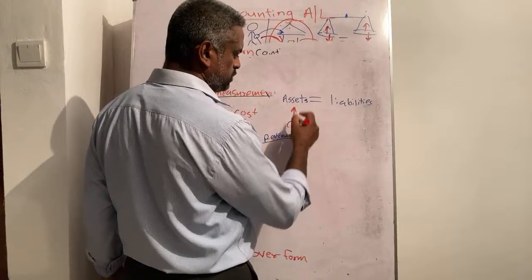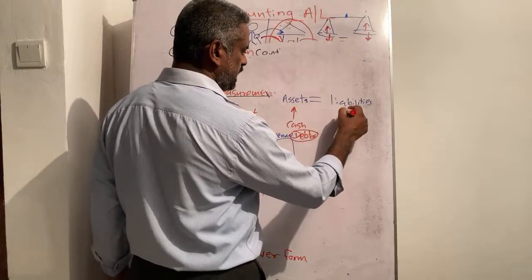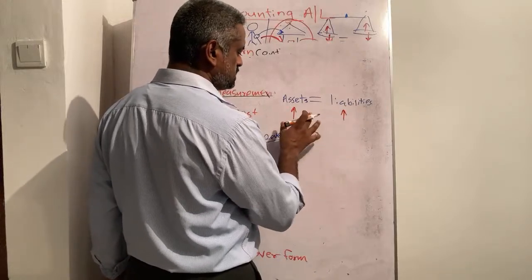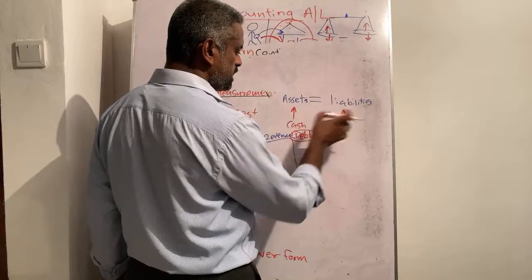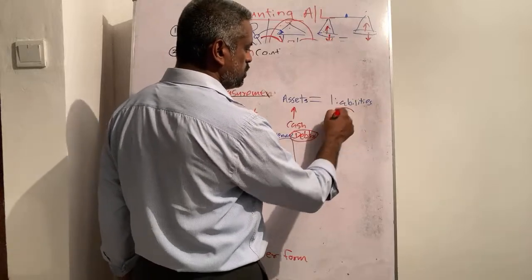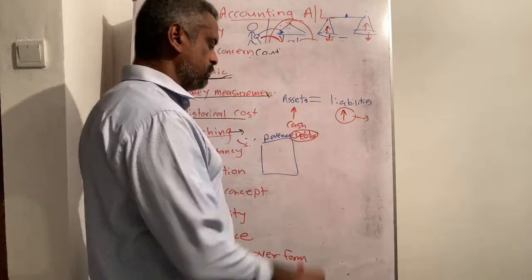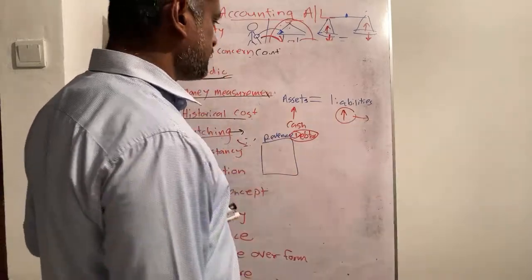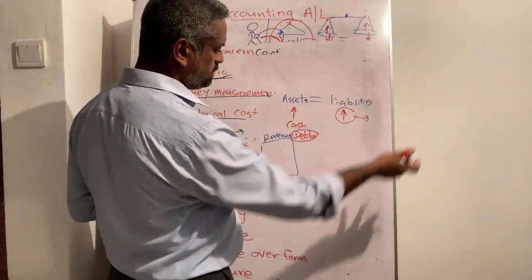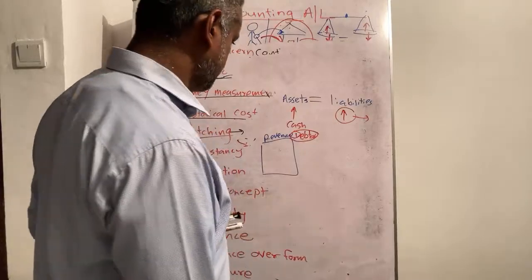Then cash or debtor will increase, and the liability will increase, because this particular money you are receiving, you have to pay to your owners. The liability is being created at the other side of the equation.